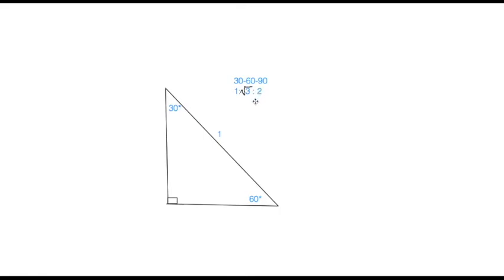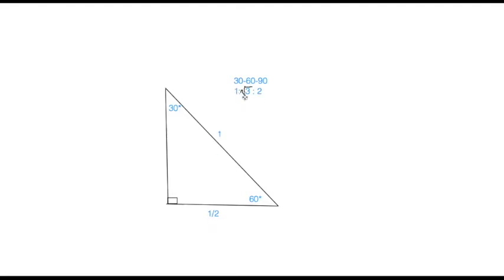So I have to divide it in half to get that short leg. So if I want to find the side that's across from that 30-degree angle, that short leg, I have to divide that in half. So this is going to be 1/2. And again, you could use your trig functions to find this, but I'm just going to use the 30, 60, 90 rules to go from one side to the other. So we've got 1, we've got 1/2.